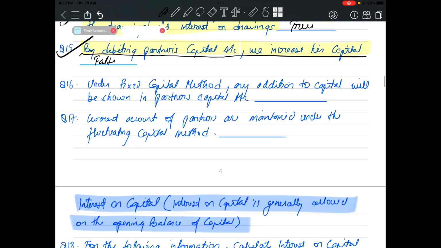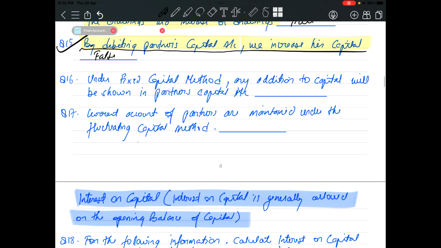Now come to question number 16. Under the fixed capital method, any addition to capital will be shown in the partners' capital account. What is the answer? True.